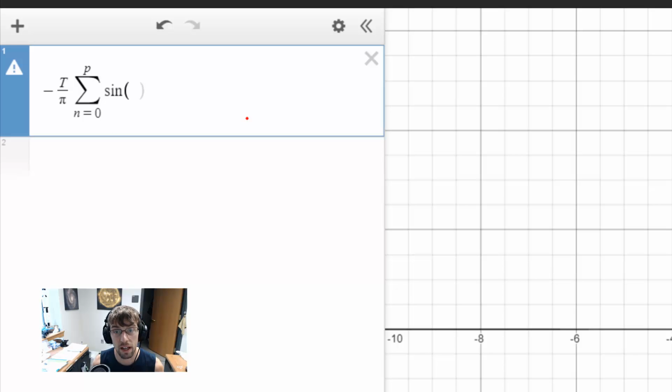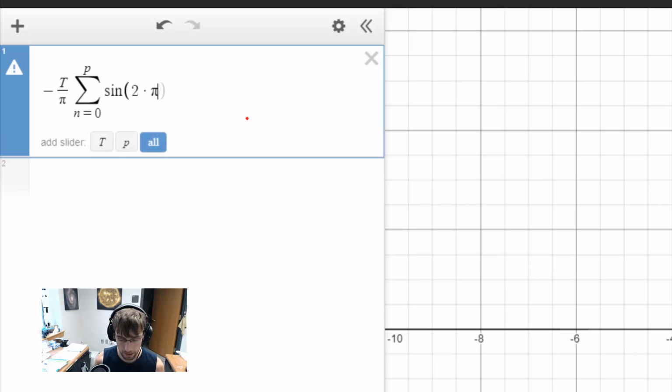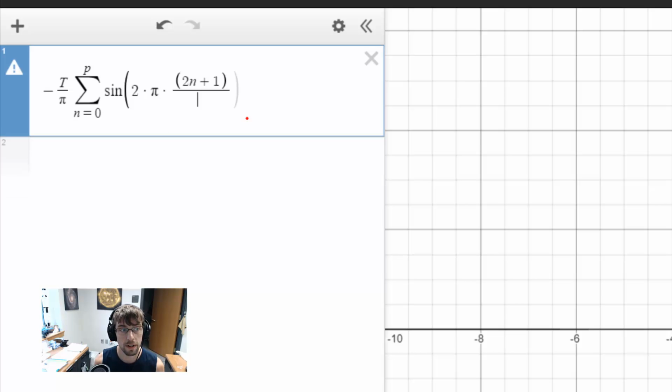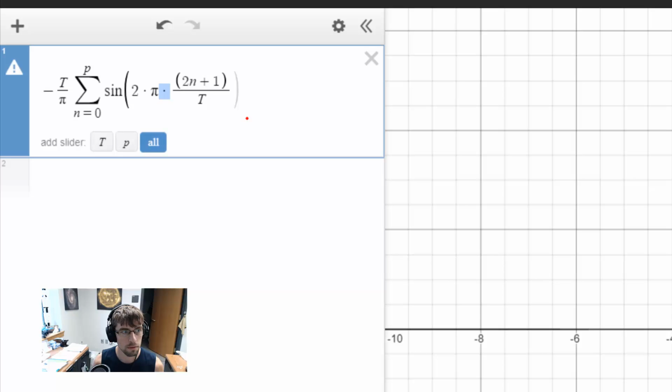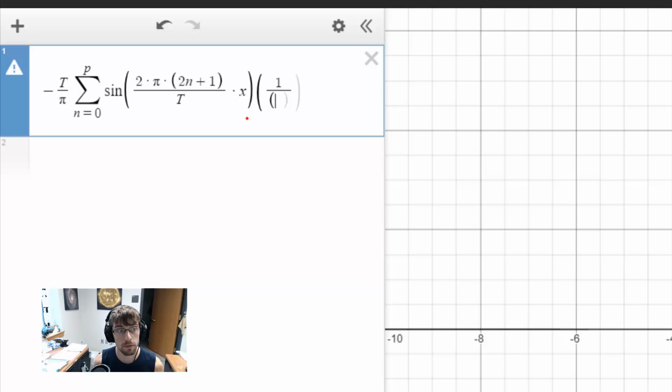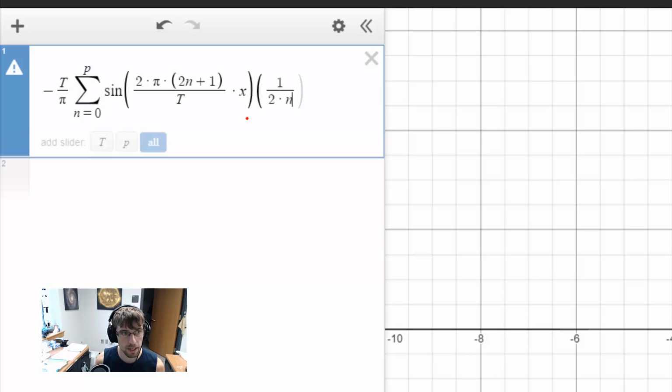We have a sine of 2 times pi times (2n plus 1) divided by T. Notice 2 pi divided by T is an omega, some sort of frequency. Then I will add in x being my variable. The last thing we need is the scaling factor, 1 over (2n plus 1).